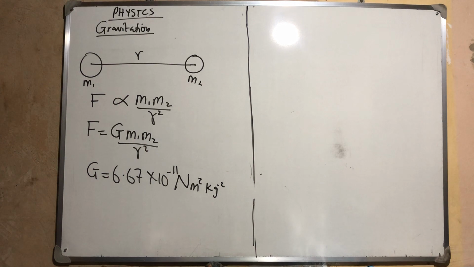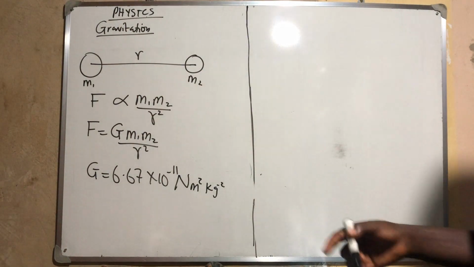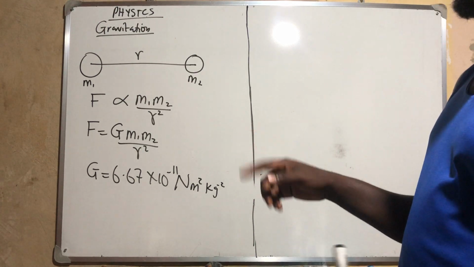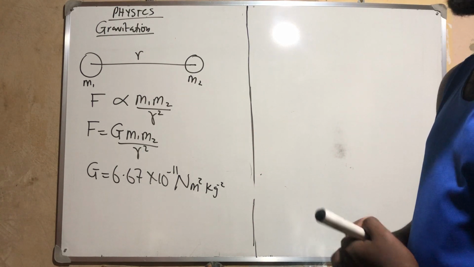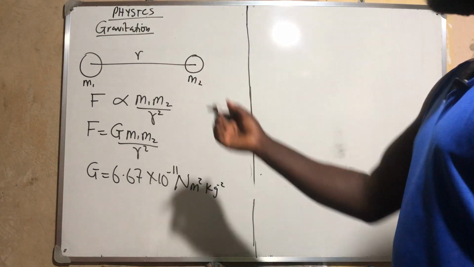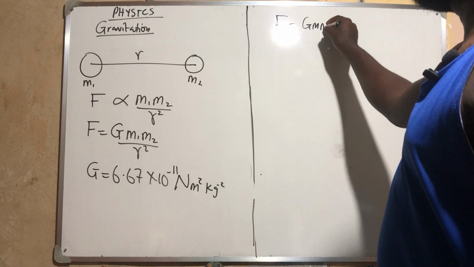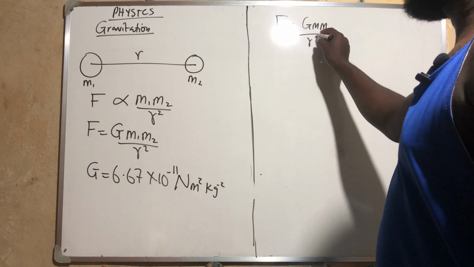So the next thing we'll talk about is the dimension of this G. We have gotten the value of G. If you have not watched my video on dimensional analysis, please do that. I solved it there, but let's just run it down. I know that my F is equal to G m m over R squared.